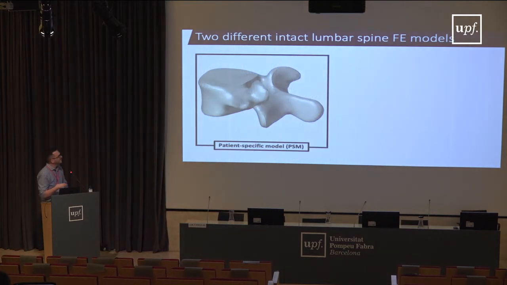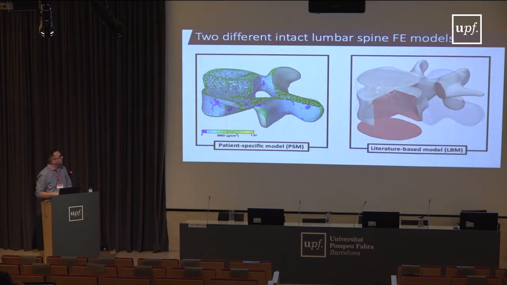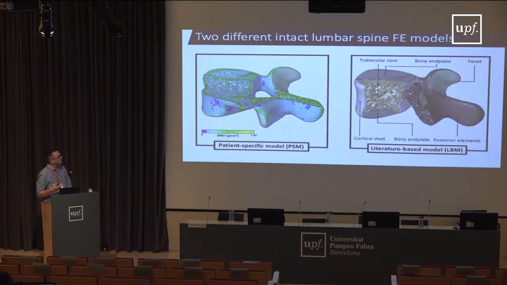The disc is general. And you all know that there is a huge difference between patient-specific bone mapping compared to the literature-based one, and the model complexity is very different in the two cases.